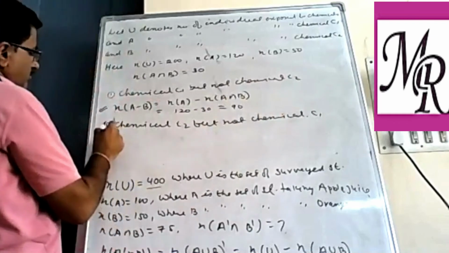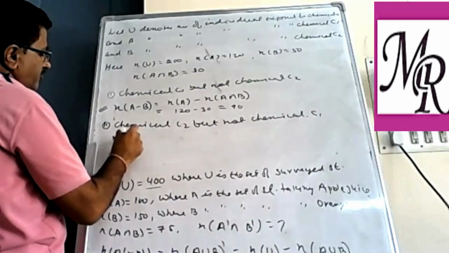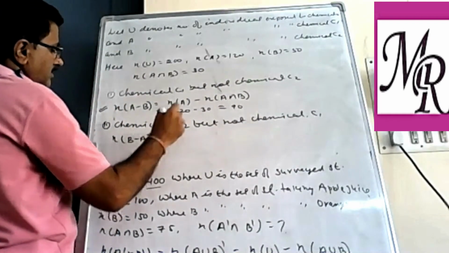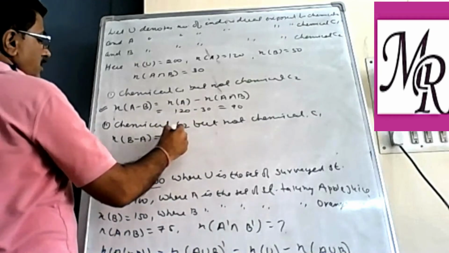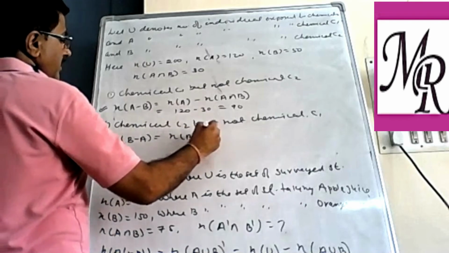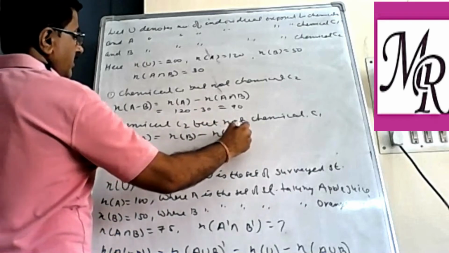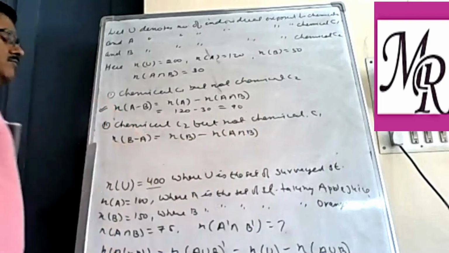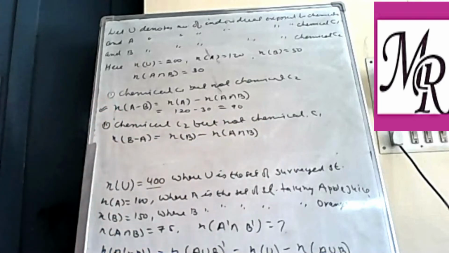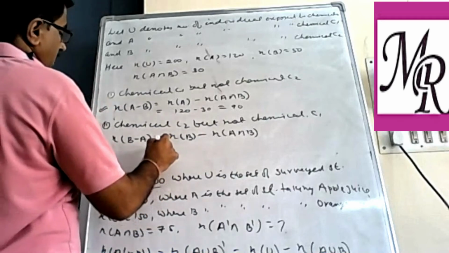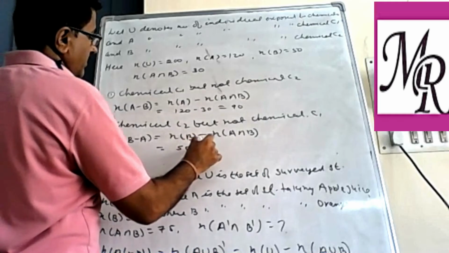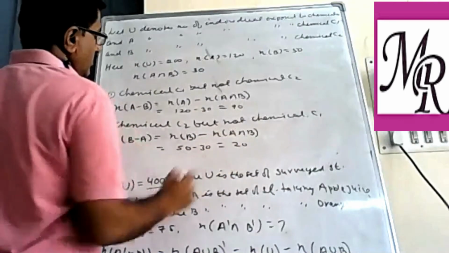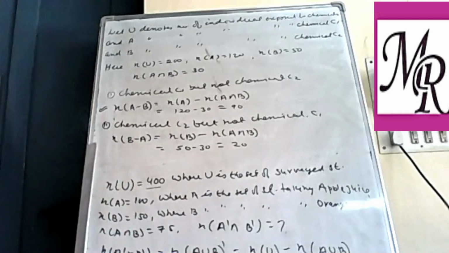So here we have to find number of element in B difference A. So that is equal to number of element in B minus number of element in A intersection B. Again this is a formula. So you write number of element in B is 50 minus 30, that is 20. So this is individual for second case.